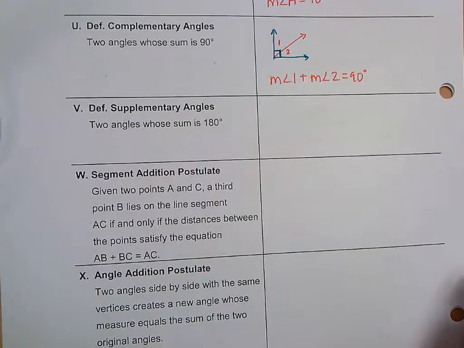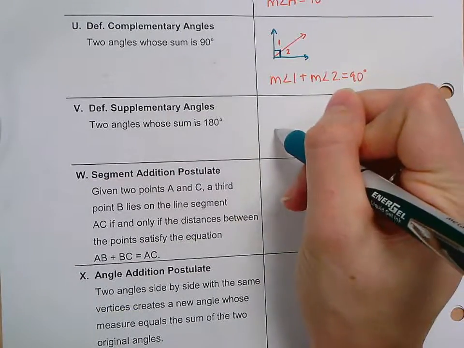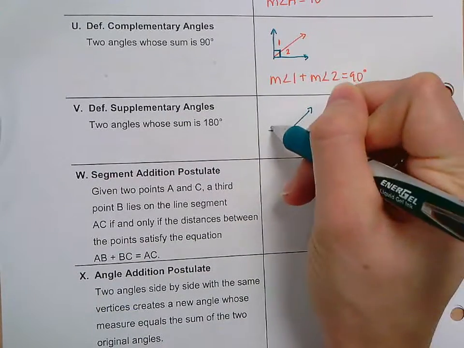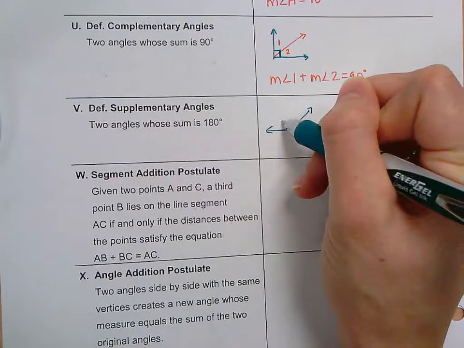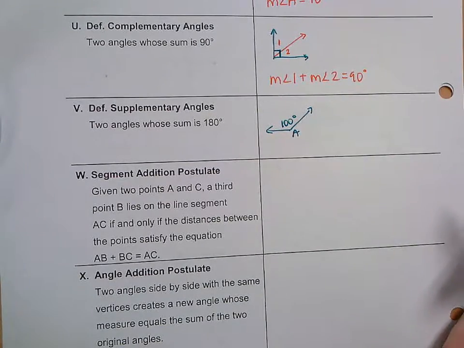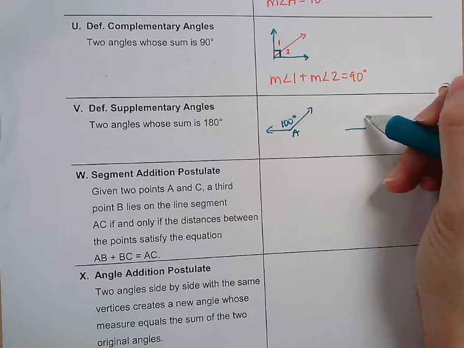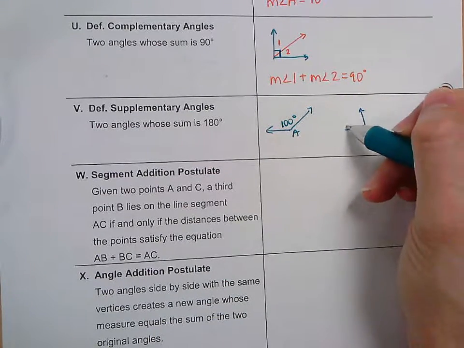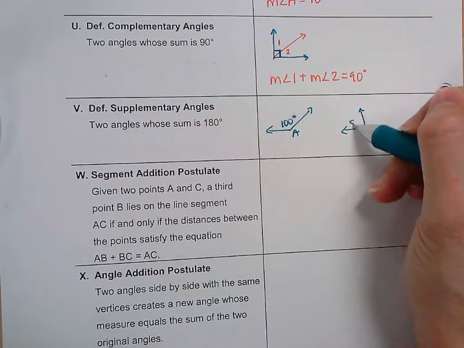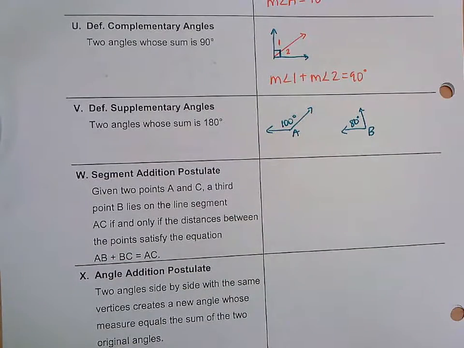Let's just say that I have one angle A, and I know that's 100 degrees, and then I have another angle B, that's 80. Notice I did not draw them as a linear pair.